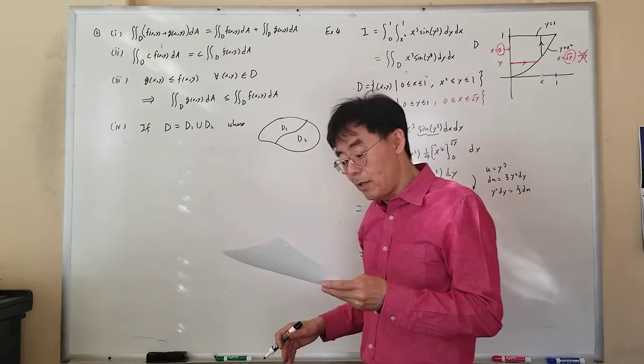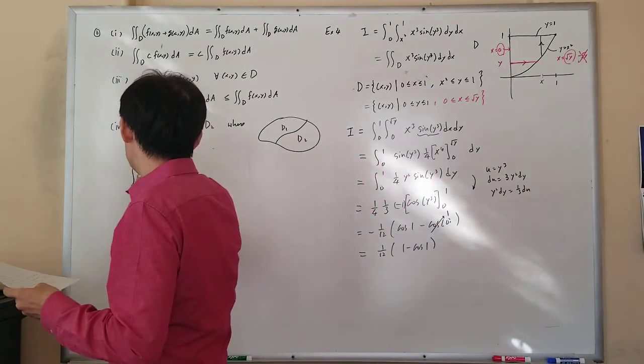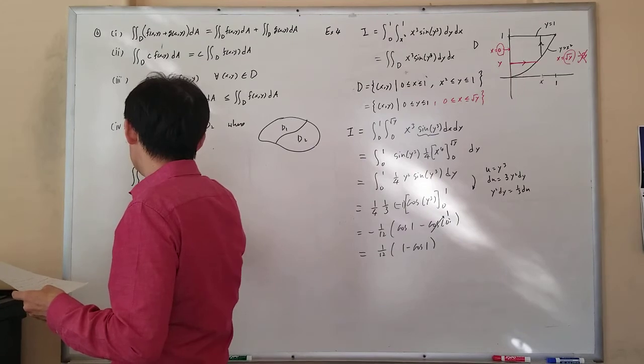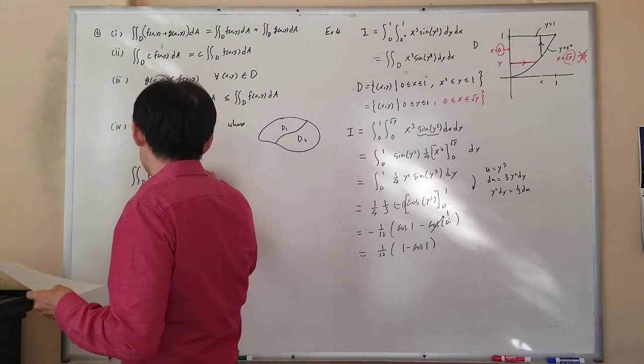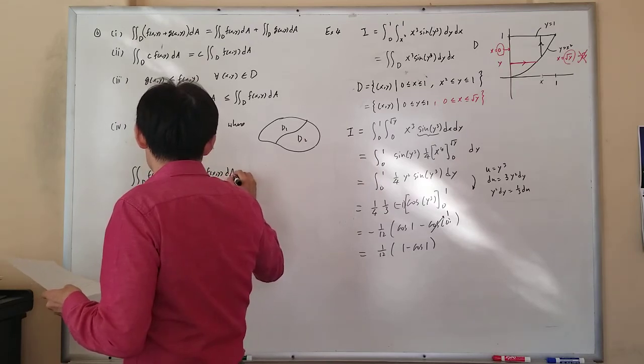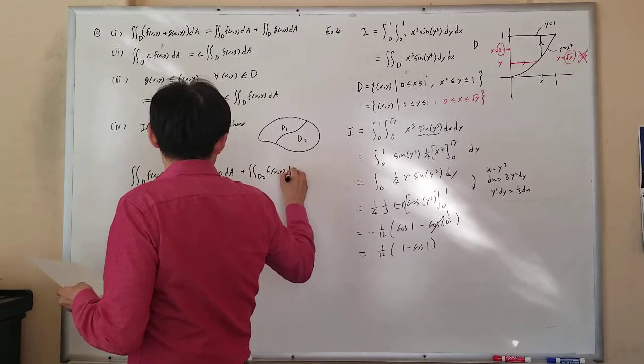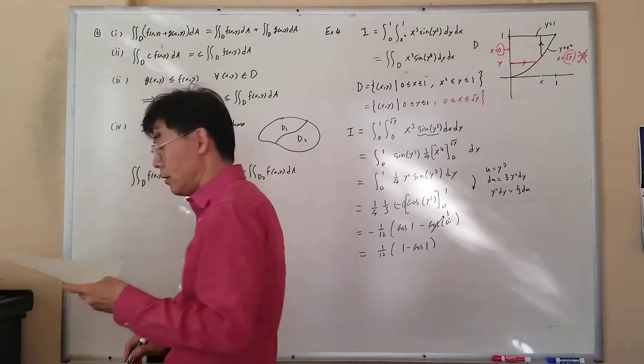They do not overlap except for the boundary curve. Then the double integral can be calculated as the double integral over D1 plus the double integral over D2. I didn't write all the details here.